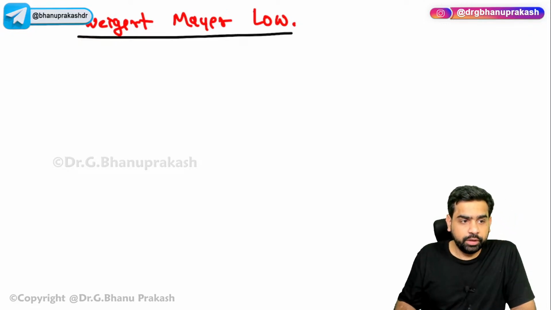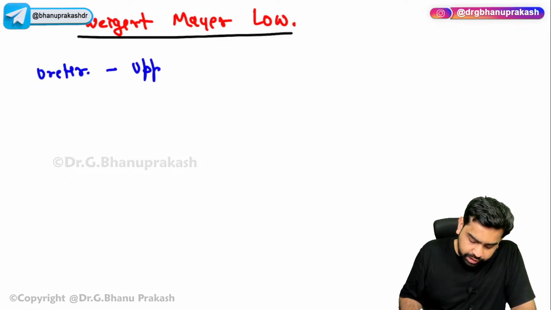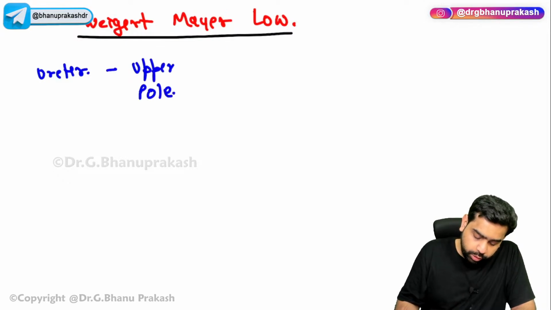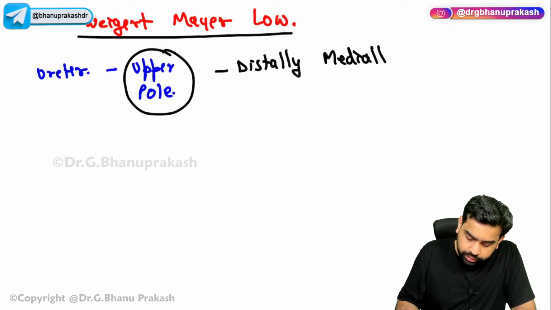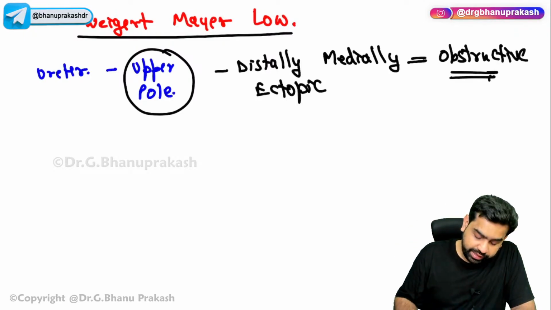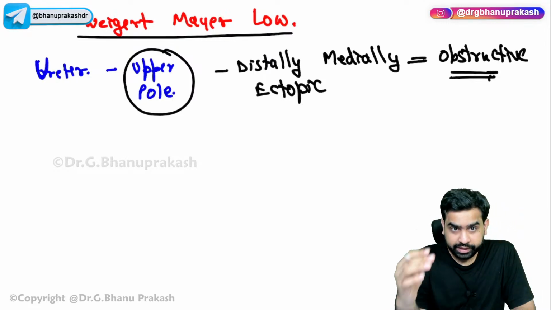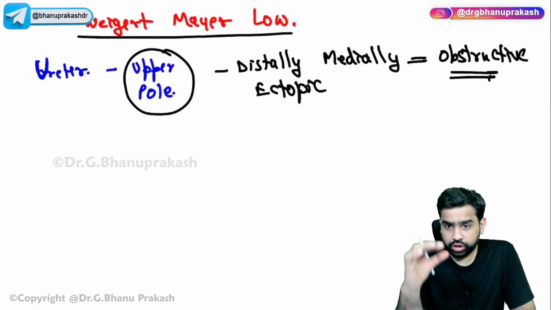So what is this particular Weigert-Meyer law? It says that the ureter draining the upper pole of the kidney is going to open distally and medially at an ectopic location, and this is the one which is going to be obstructive in nature.